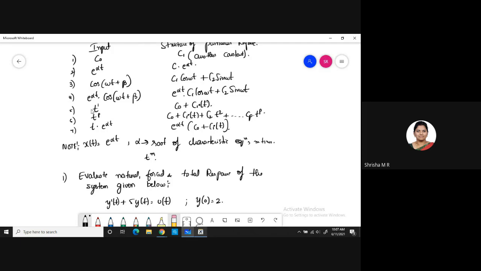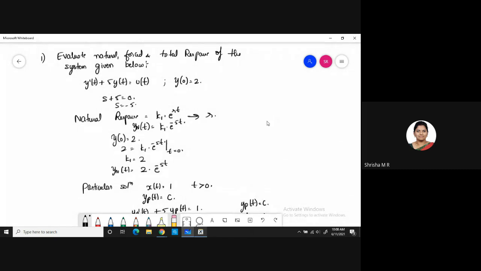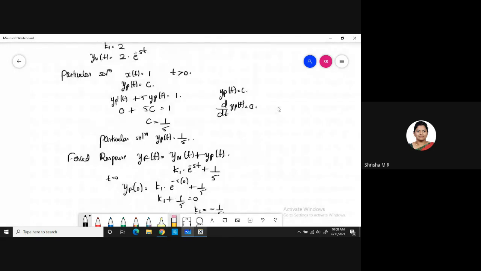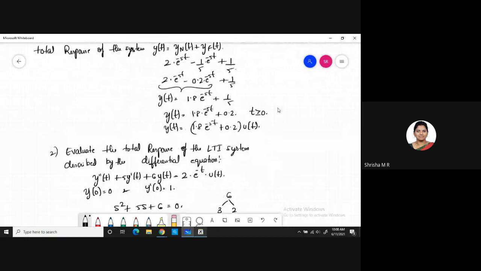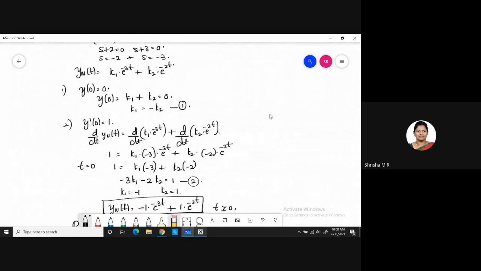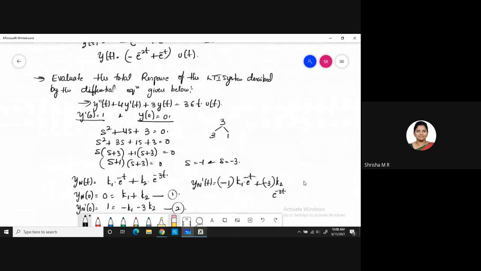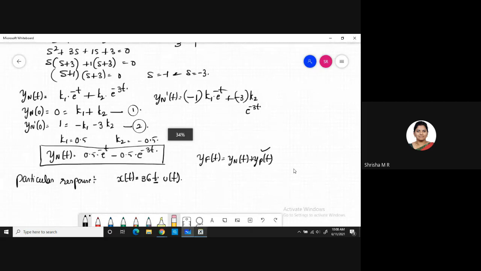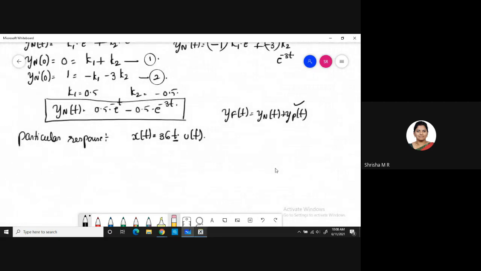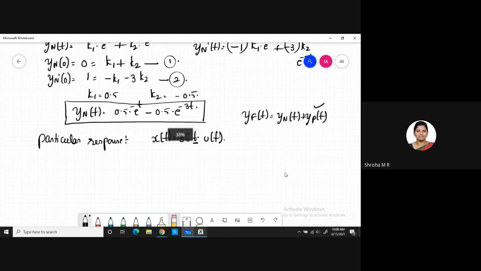If your input is of the form t, the particular response structure will be C naught plus C1 into t.